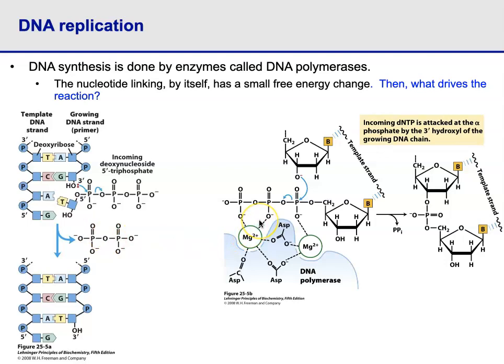Pyrophosphate is released. It's an excellent leaving group. But what do we know about pyrophosphate when it's released in the environment? It is highly unstable, and it will be degraded almost immediately into inorganic phosphate, which makes this reaction irreversible because one of the products cannot easily be taken back and returned to the monophosphate nucleotide to form triphosphate nucleotide. That fact itself renders this reaction irreversible following this mechanism.